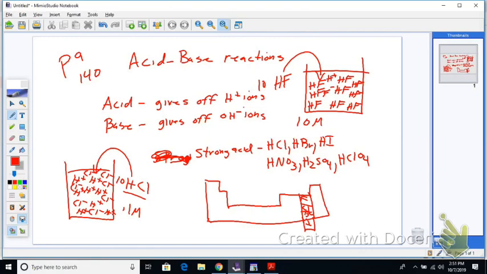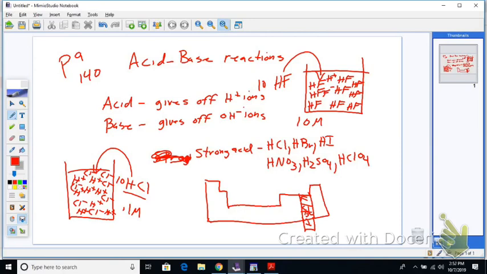Because the definition of weak means it dissociates or breaks apart less than 100%. The definition of strong is that it breaks apart 100%. All of it breaks apart when it dissolves. That's a real important key, because if you get that key down, these are going to make a lot of sense.